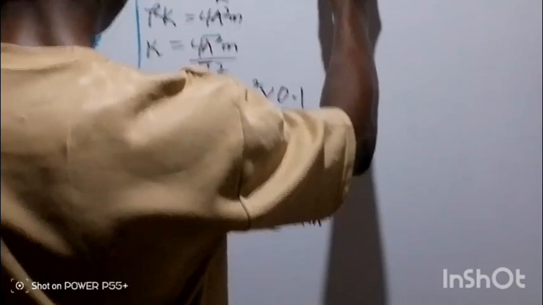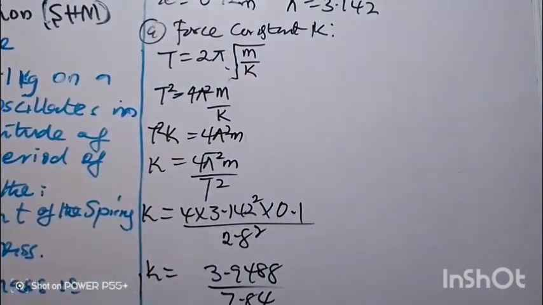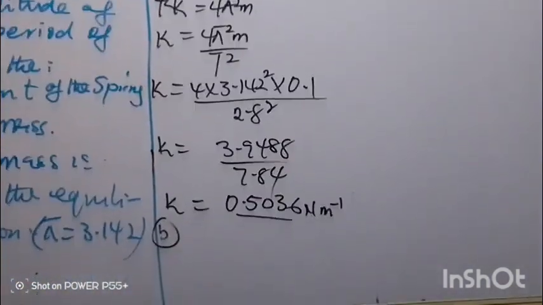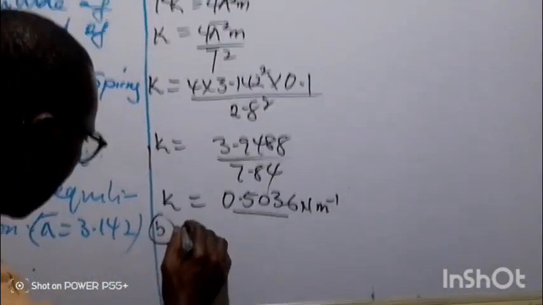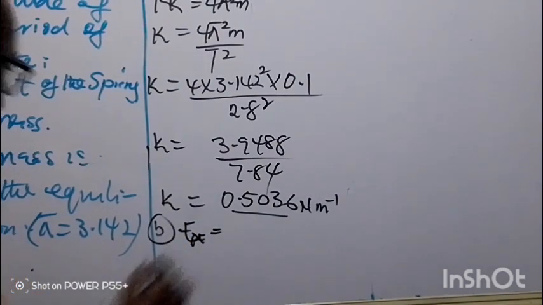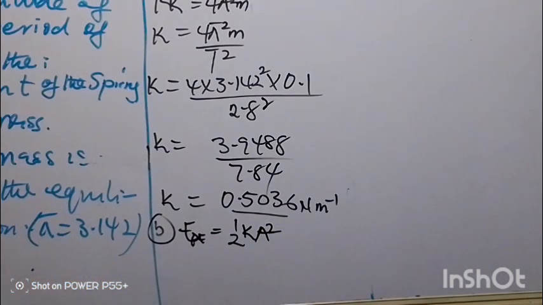Then the B part of the question says we should calculate the maximum PE. That is PE maximum will be equal to half KA squared, and our K can be calculated.